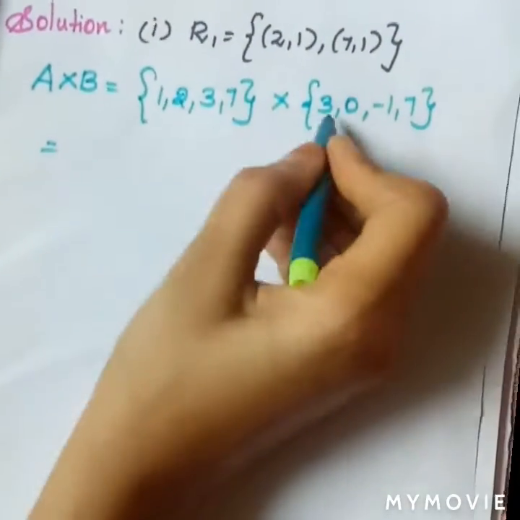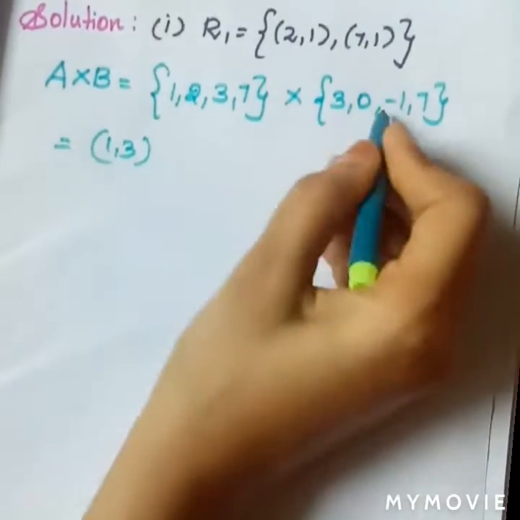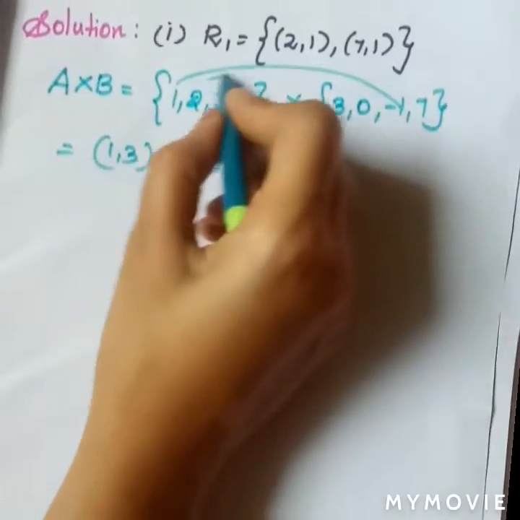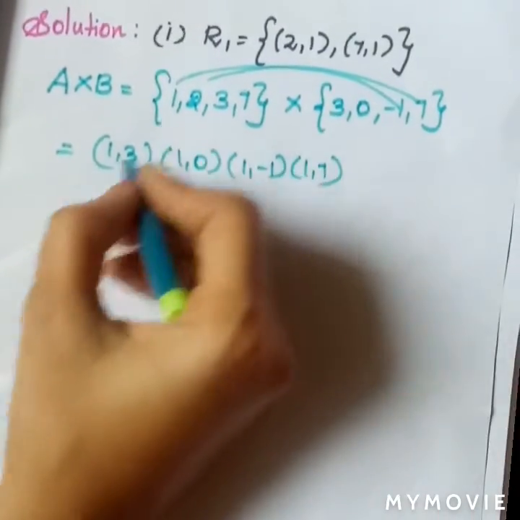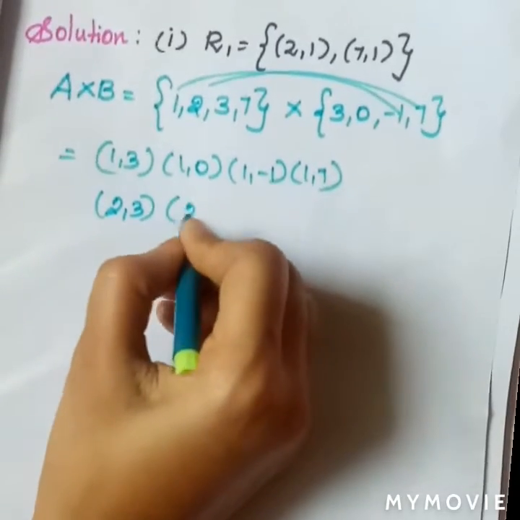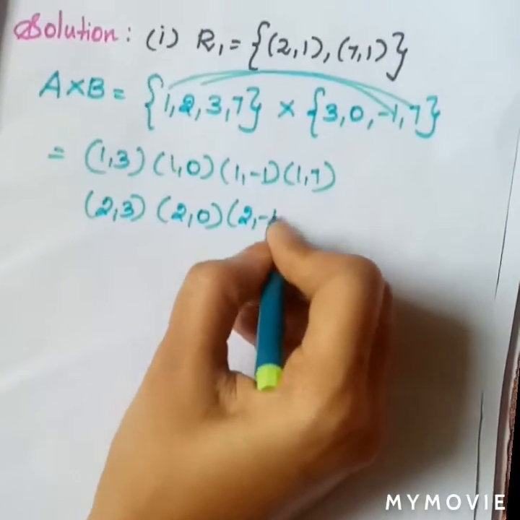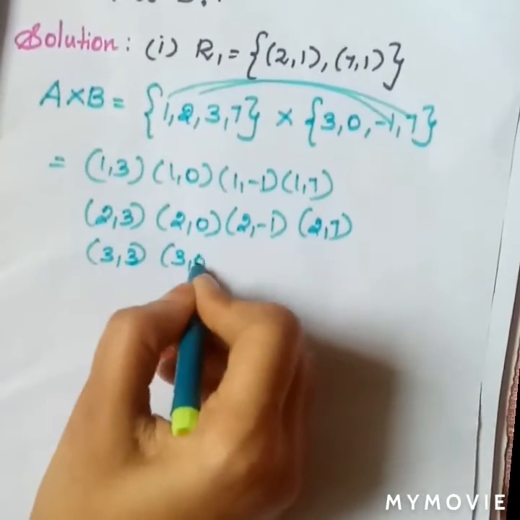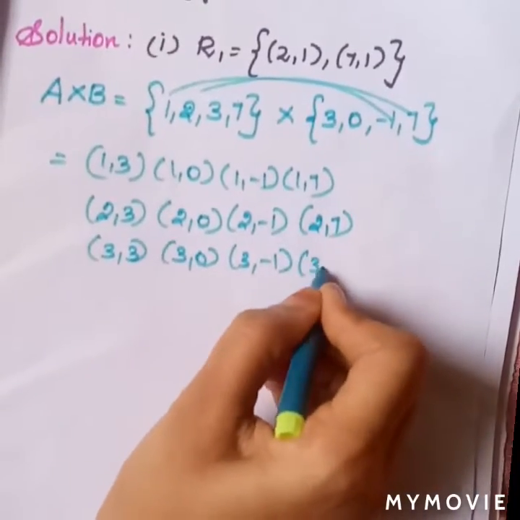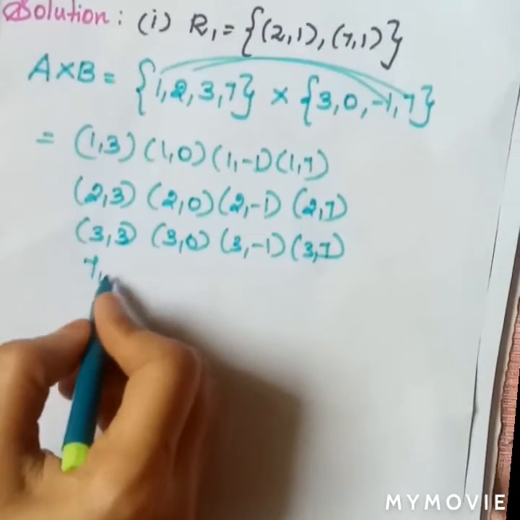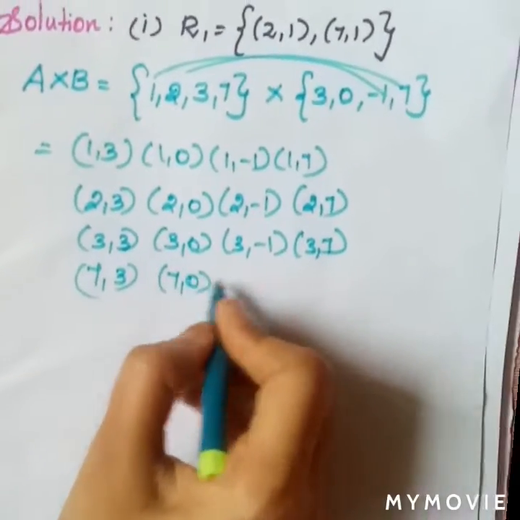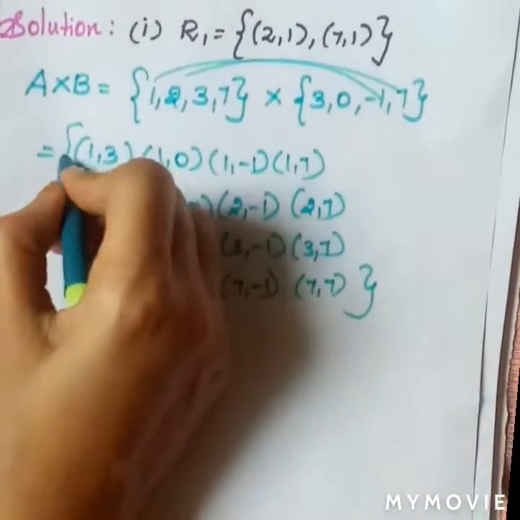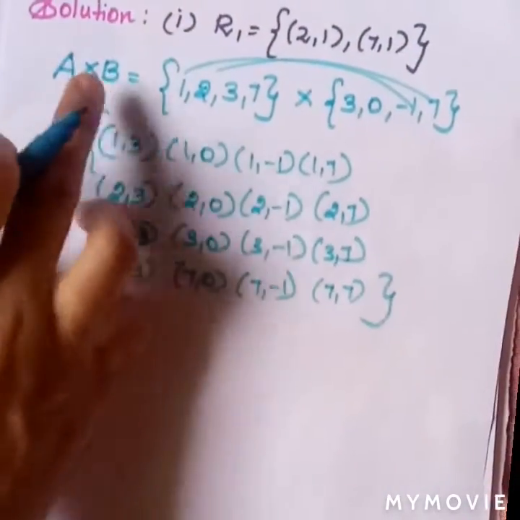Okay, do the cross: (1, 3), (1, 0), (1, -1), (1, 7), (2, 3), (2, 0), (2, -1), (2, 7), (3, 3), (3, 0), (3, -1), (3, 7), (7, 3), (7, 0), (7, -1) and (7, 7). These are the values of A cross B.